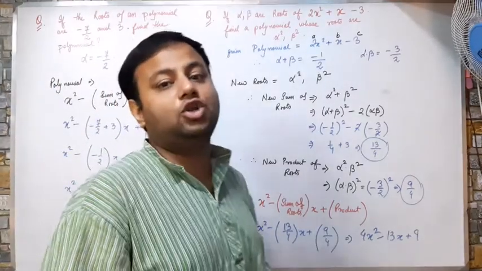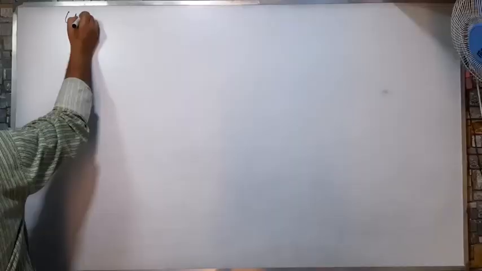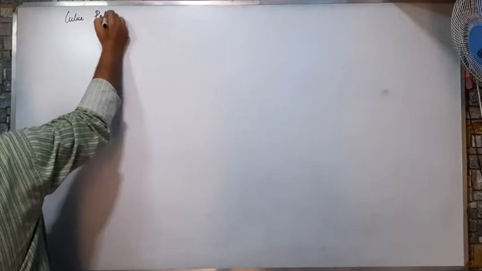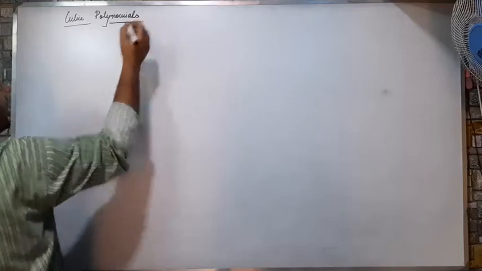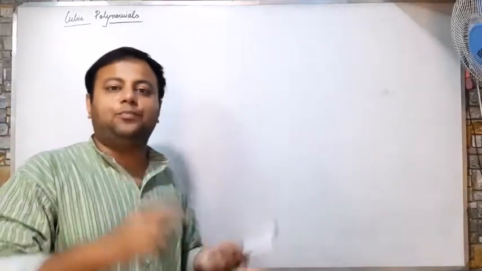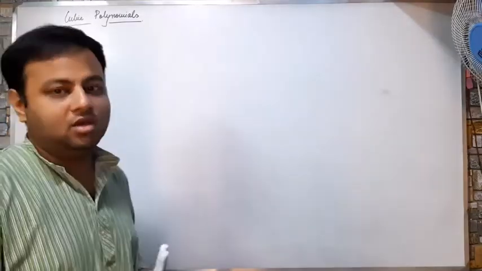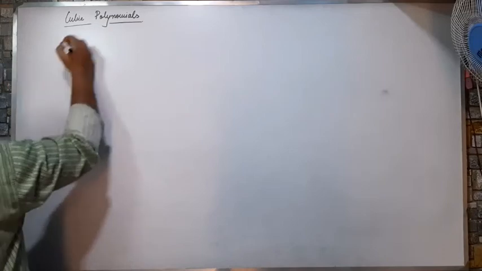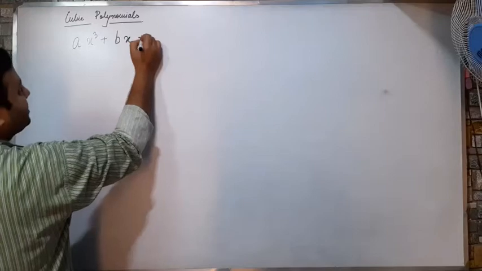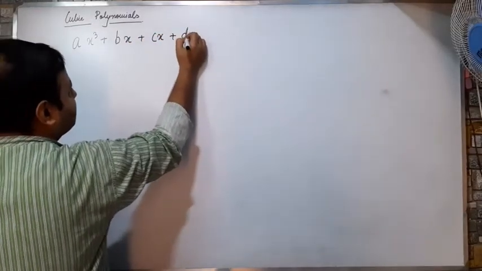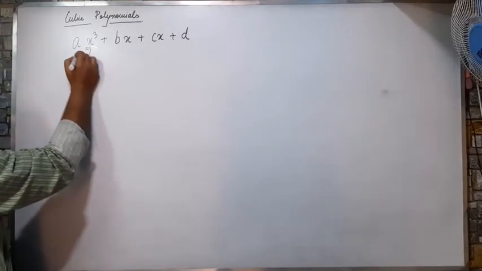So this was all about your quadratic polynomial. Now we are moving on to cubic polynomial. What is a cubic polynomial? A cubic polynomial is a polynomial whose degree, or the maximum power of a variable, is 3. So how to write that? a x cube plus b x square plus c x plus d, which means the coefficient of x cube will be termed as a.